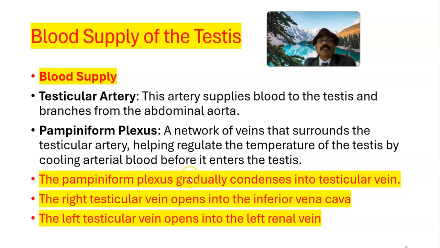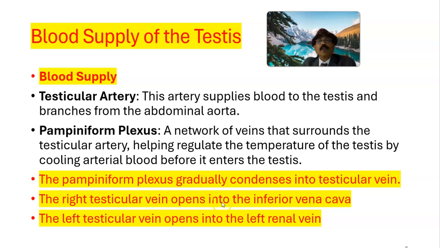The pampiniform plexus gradually condenses into the testicular vein. In the superficial inguinal ring, there will be 4 veins. In the deep inguinal ring, we have only 2 veins from the pampiniform plexus. As it goes up in the abdomen, inside the abdominal cavity, we get 1 testicular vein.